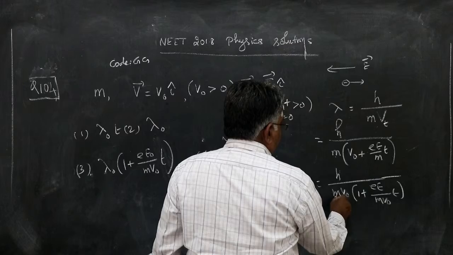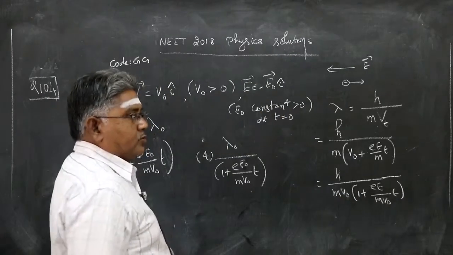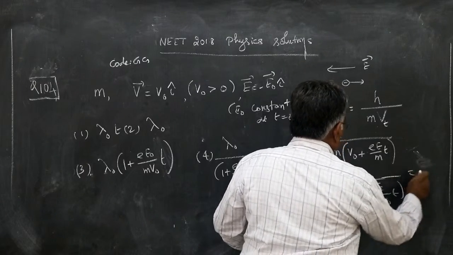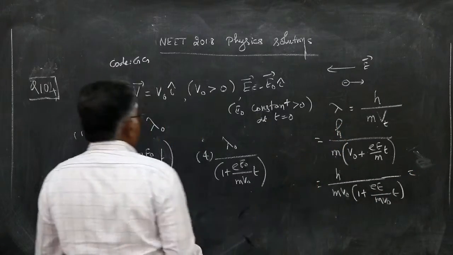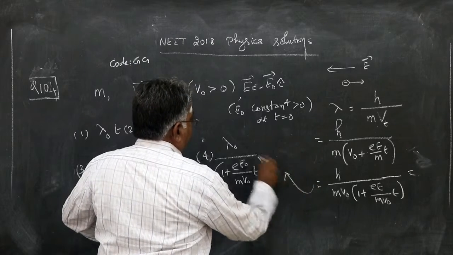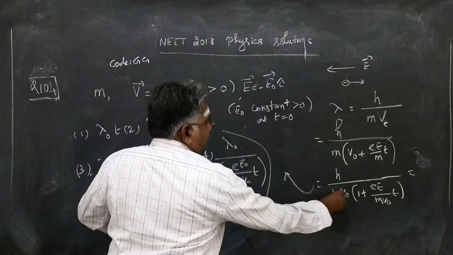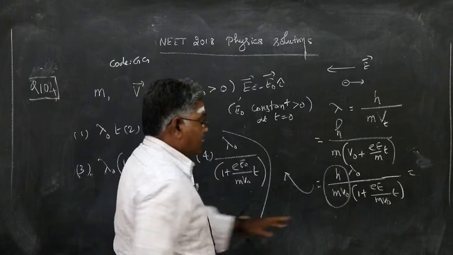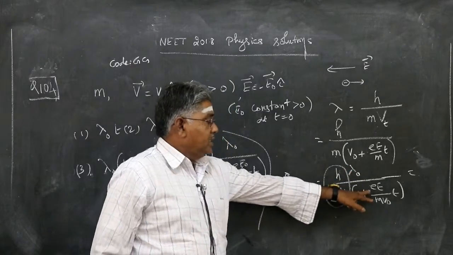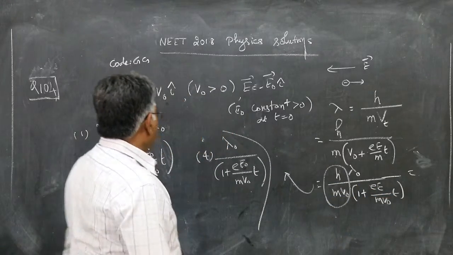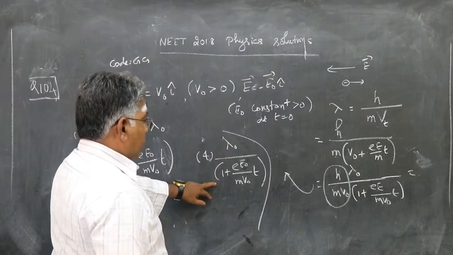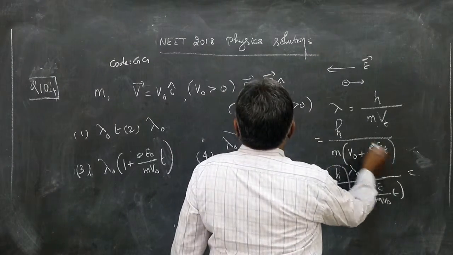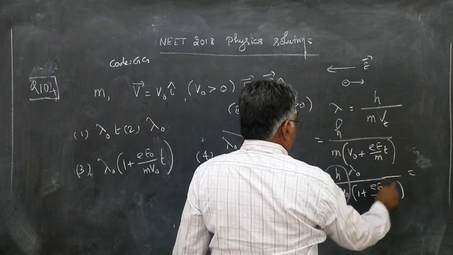The h by m v naught we can consider as lambda naught. So the answer is lambda naught by 1 plus E by m v naught into t. Sorry, I have to put E naught.